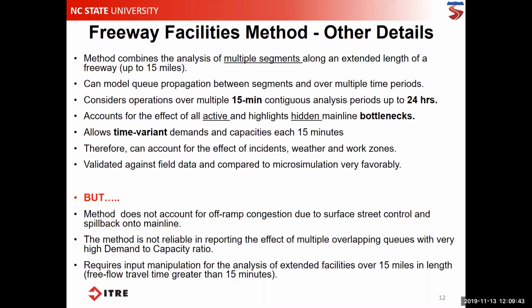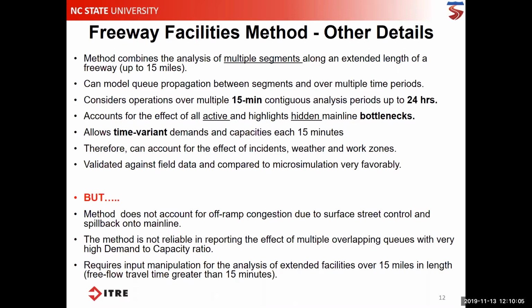Like everything else, it does have its limitations. For example, it does not account for off-ramp congestion that may spill back onto the main line. It has some difficulty sometimes when you have multiple overlapping queues within the facility.